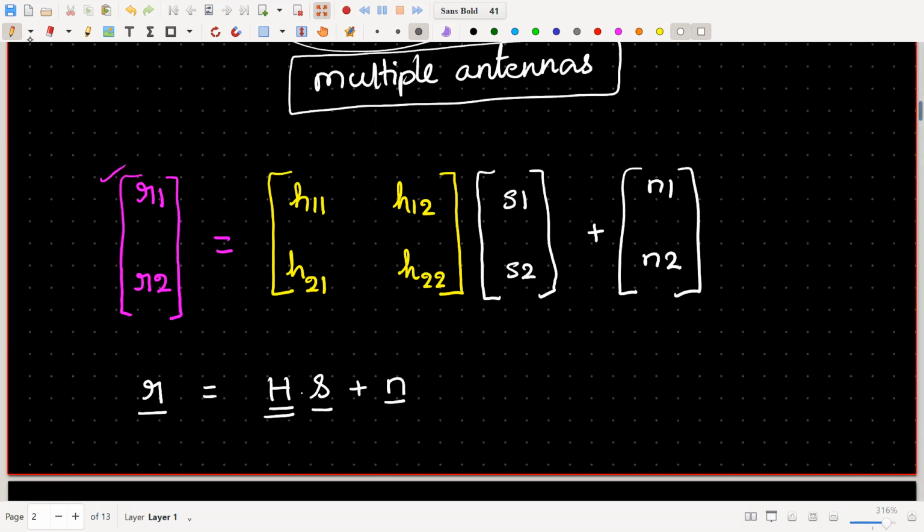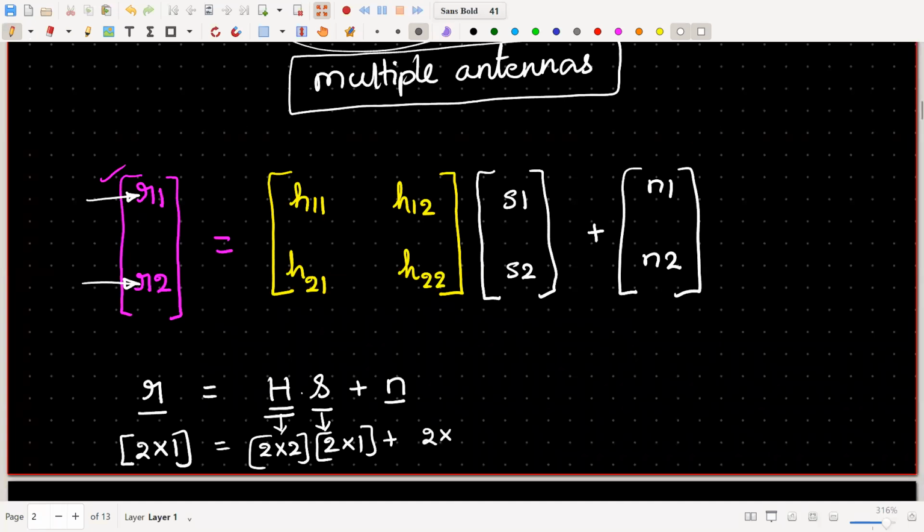R has 2 rows and 1 column, and S is also 2 by 1. So H must of course be 2 by 2, and the noise must again be 2 by 1. All right, so this is a simple model for this.